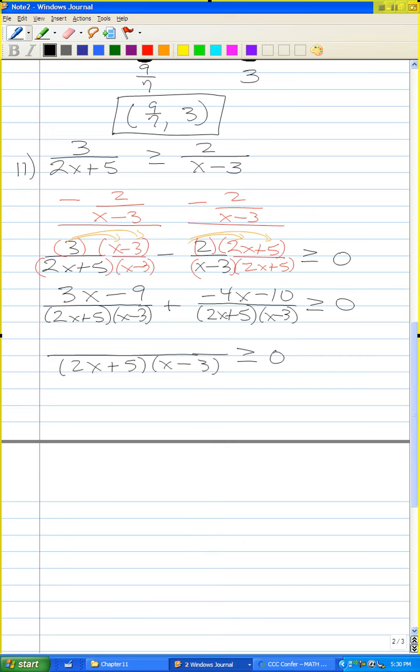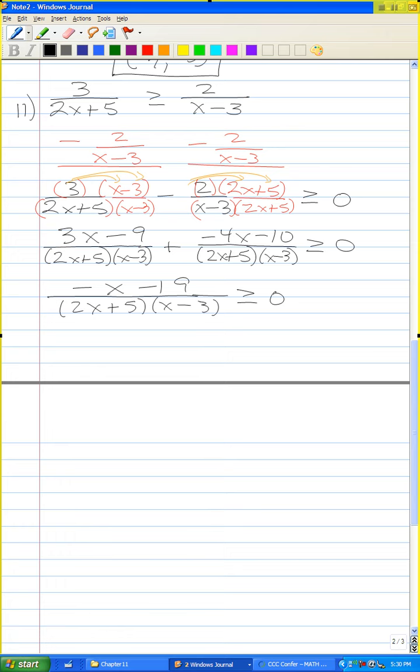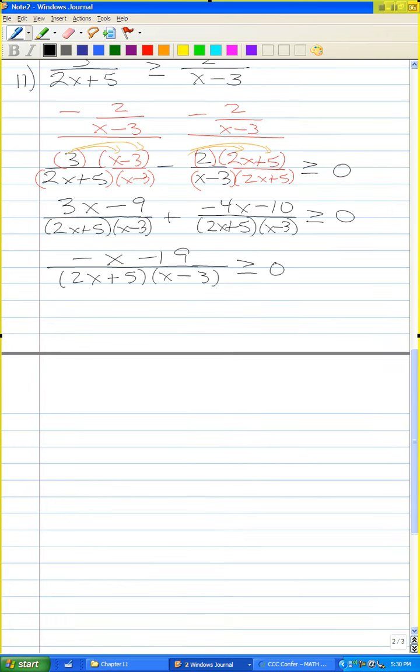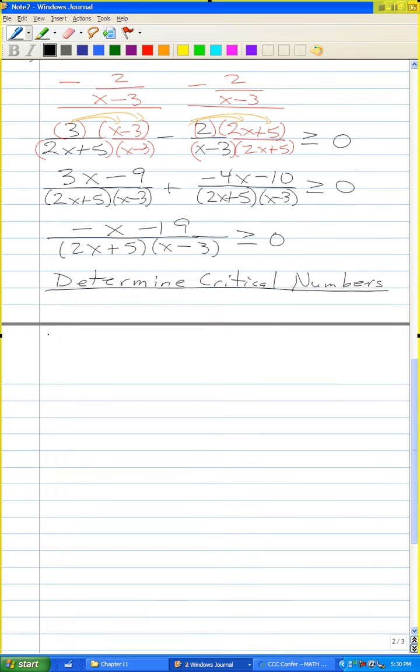3x minus 4x is a negative x. Negative 9 minus 10 is a negative 19. And so I have this in standard form, and completely factored. So let's determine my critical numbers. Let me set each factor to 0 and solve for x.